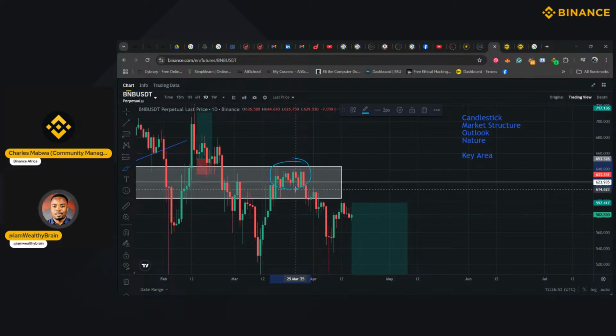Because somehow, there is a reason why I will be considering this area. I will be looking out for this area. Maybe the next time price crosses this area and comes back and does not close below it, I will be going for a bullish move. So that place, which is 623.925, is going to be an important area for me that I will be looking at to make a financial decision.